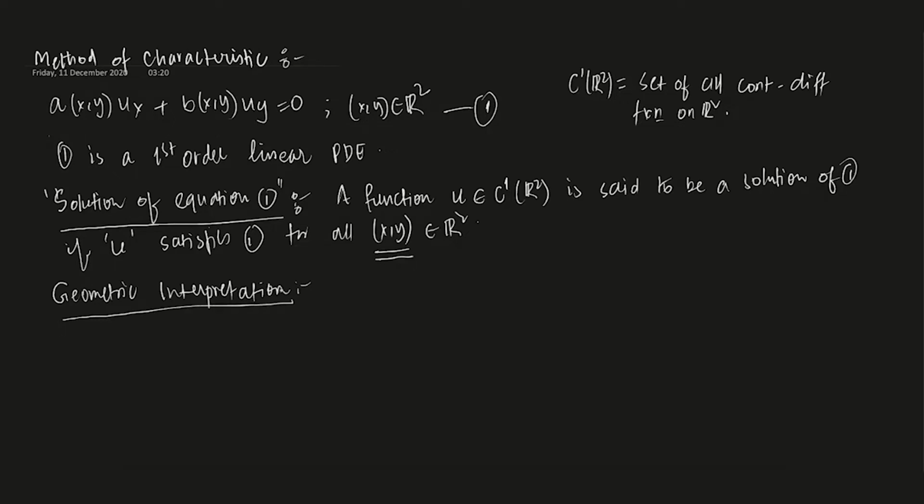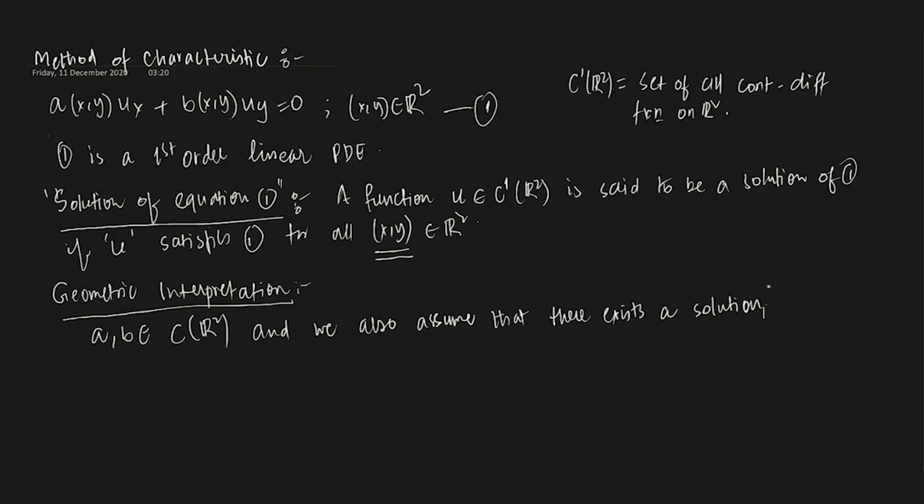Whenever, let's say, a solution exists. Initially we do not know if there is a solution or not, and what it will look like. For now, just for the sake of understanding, we'll assume that A and B are continuous in R2, and we also assume that there exists a solution.